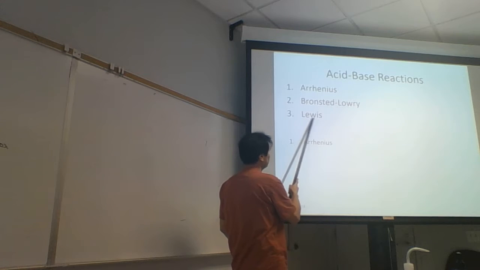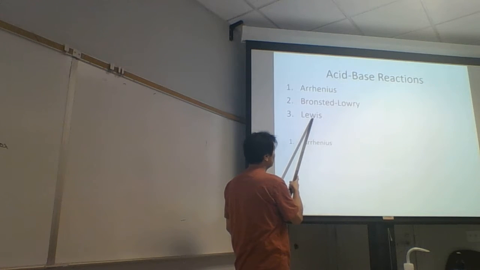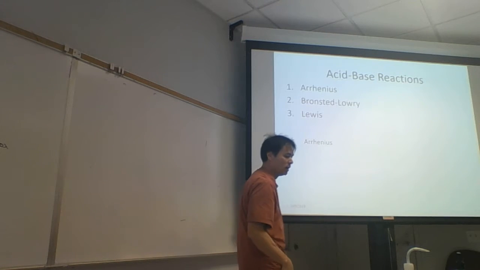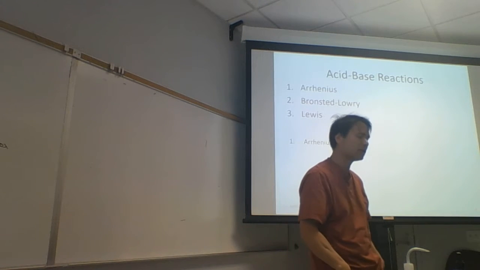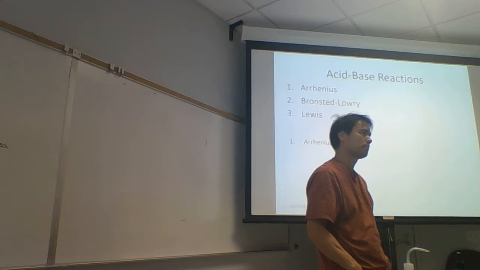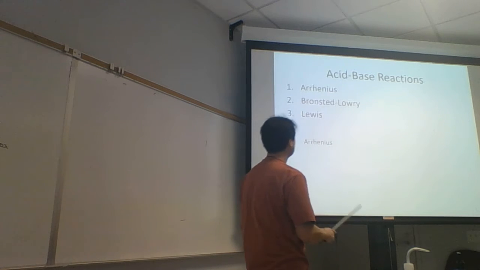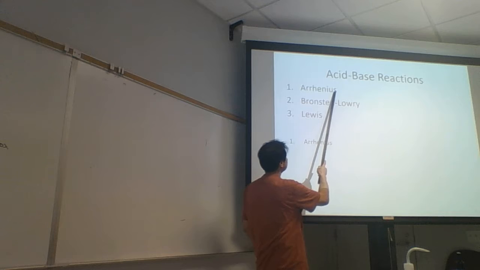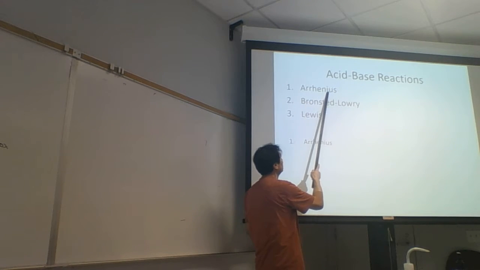So we still can use Lewis, but then we can narrow it. Maybe we can isolate it to a subset of acids, and then we can have the Bronsted acids. What we're going to do is pretty much not deal with the Arrhenius. Arrhenius is way too narrow.